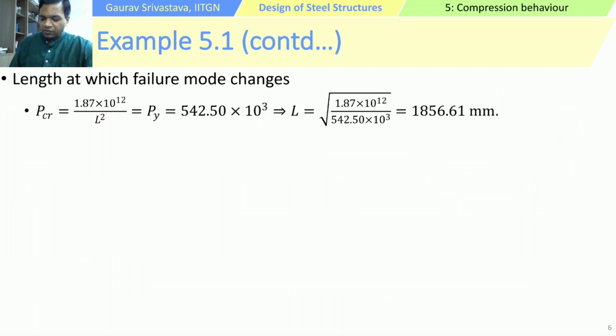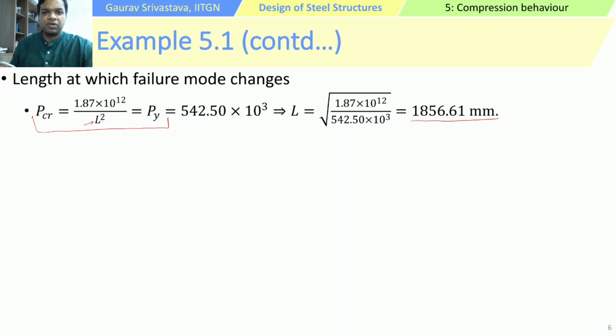Okay. So now it is possible to calculate the length at which this failure mode changes by simply equating the critical buckling load to the yielding load, right? So with L as the variable, we can equate critical buckling load and the yielding load, and from here we can calculate L to be 1856 mm, so somewhere around 1.85 meters.